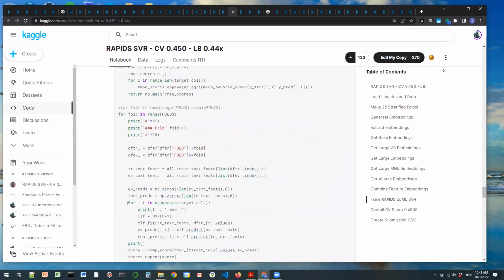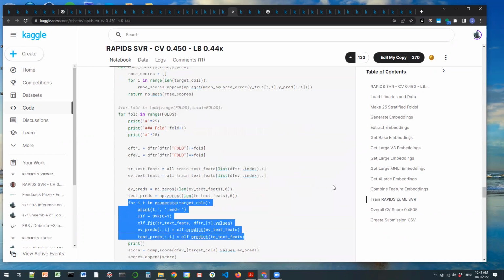See this thing here that he's doing: he's generating, for every target column, like syntax, vocab, and so on, the values for the entire 3,000-odd rows of one column. That's why this is in a loop. So he does that for one column, moves on, does it for the second column, and he does it for 6 columns.